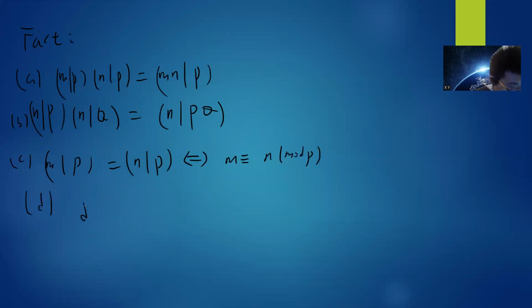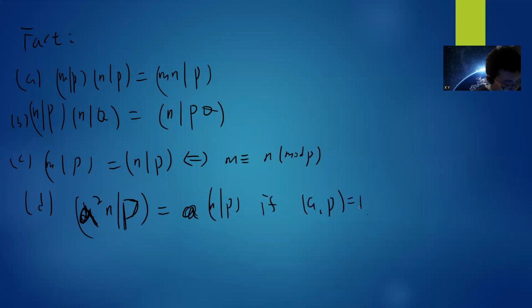And (a squared/p) equals 1 if (a,p) is 1. Okay, so these are easy exercises. So basically it's the same as the Legendre symbol.